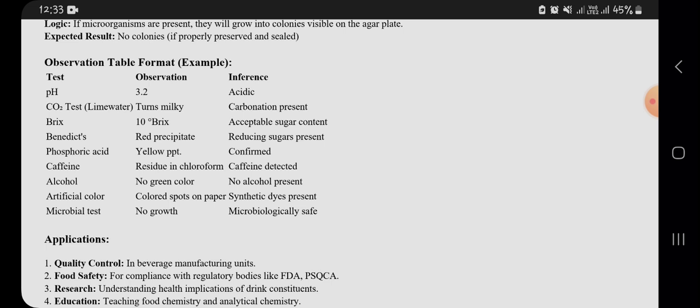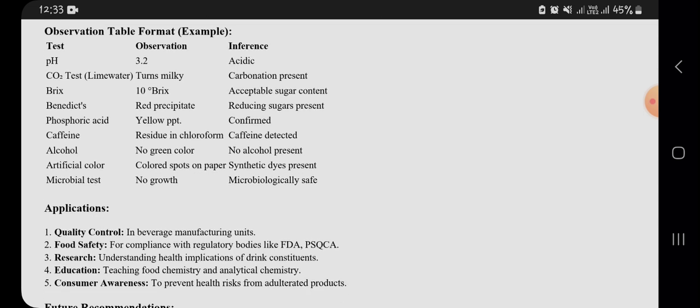Benedict's, red precipitate, reducing sugar present. Phosphoric acid, yellow precipitate, confirmed. Caffeine, residue in chloroform, caffeine detected. Alcohol, no green color, no alcohol present. Artificial color, color spots on paper, synthetic dyes present. Microbial test, no growth, microbiologically safe.